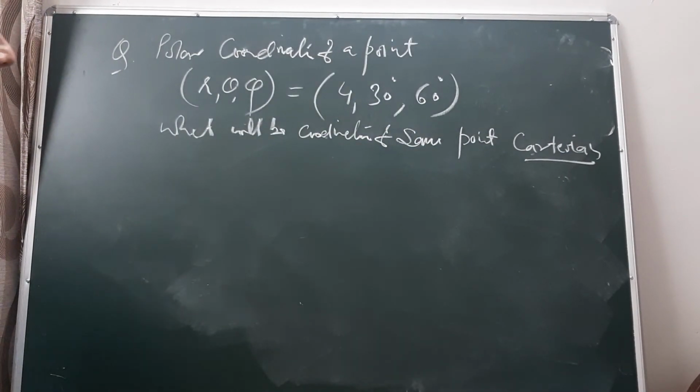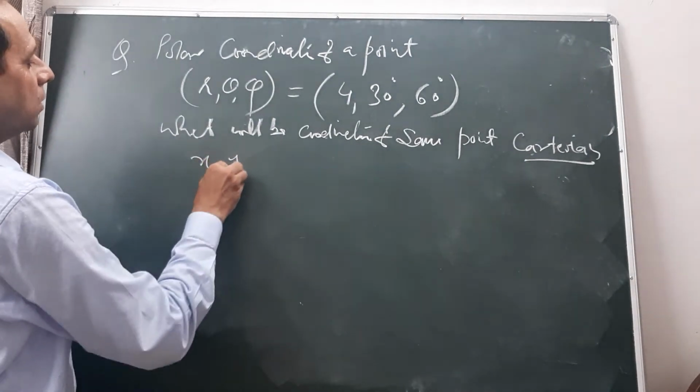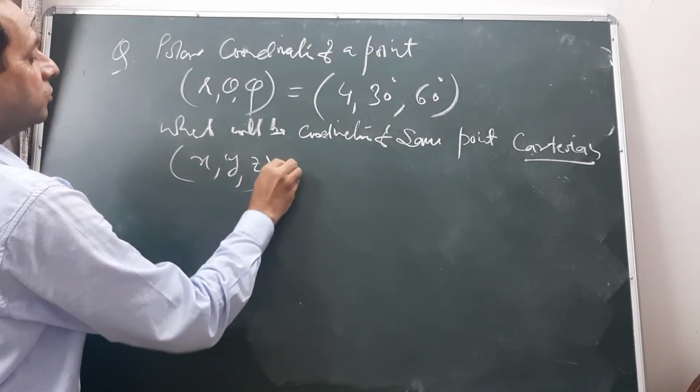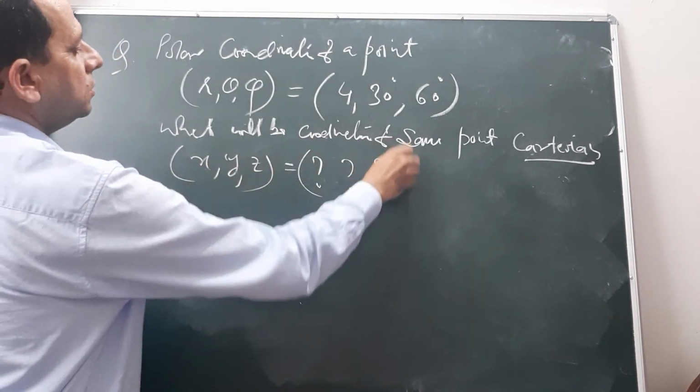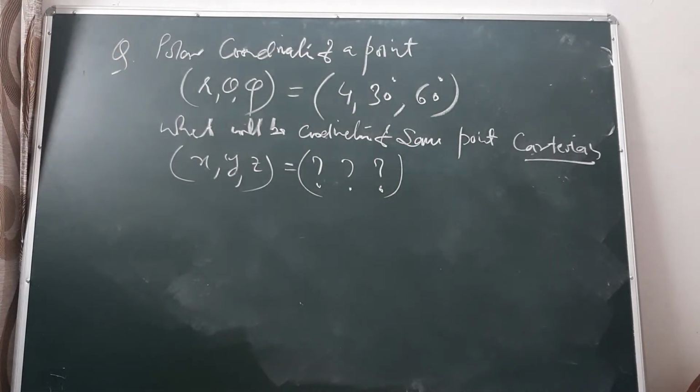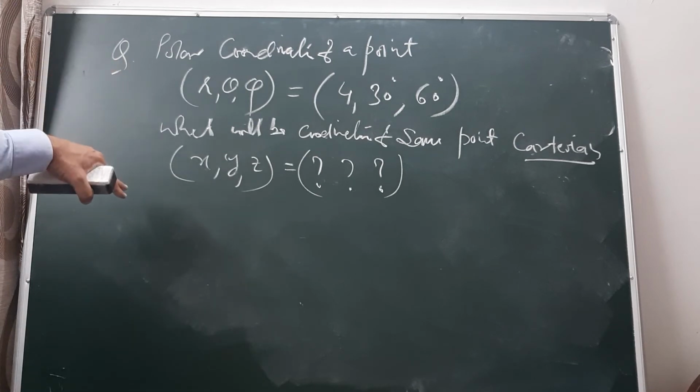We know that the Cartesian coordinates are x, y, z. So we have to find the values of x, y and z. How can you find x, y, z from r, theta, phi?